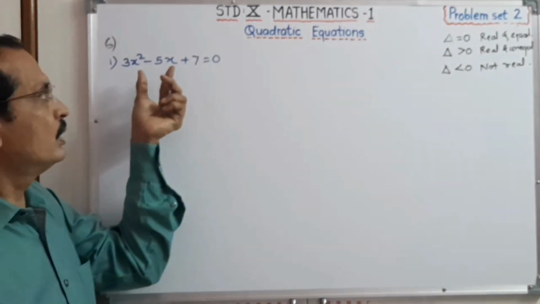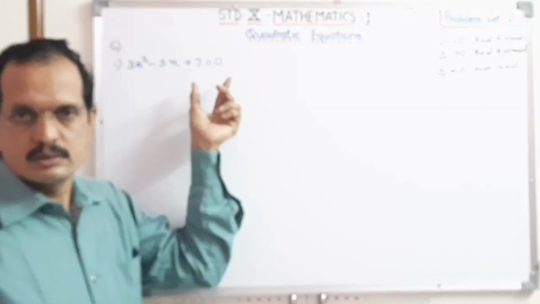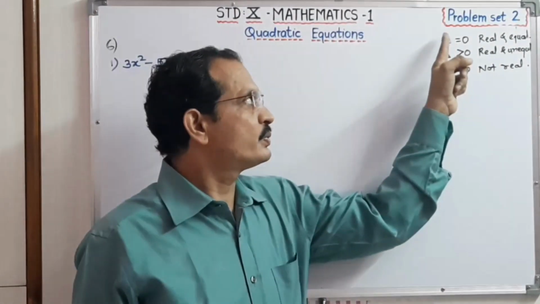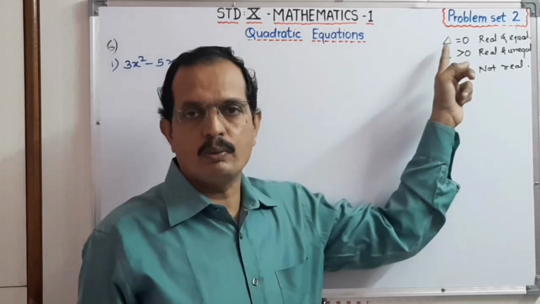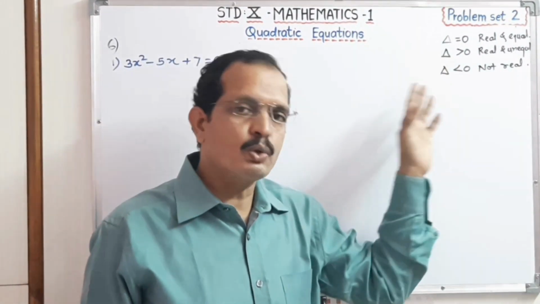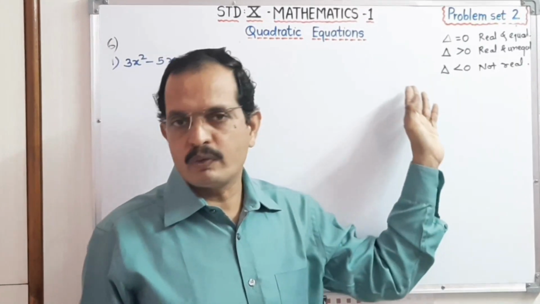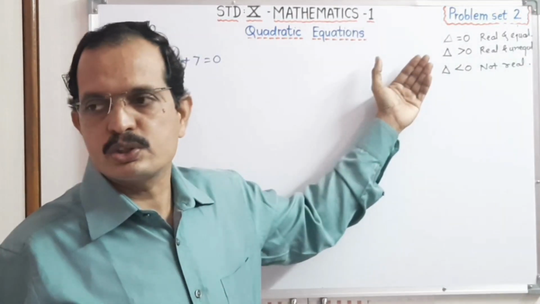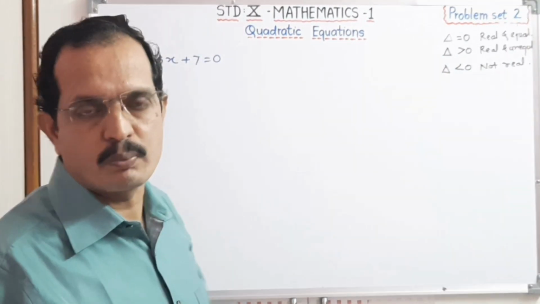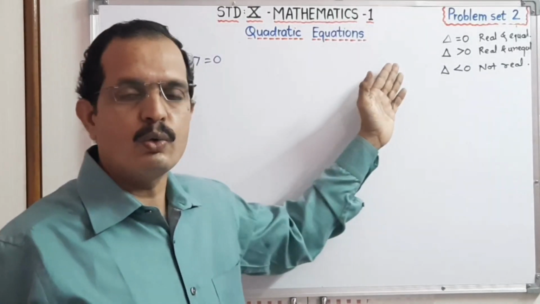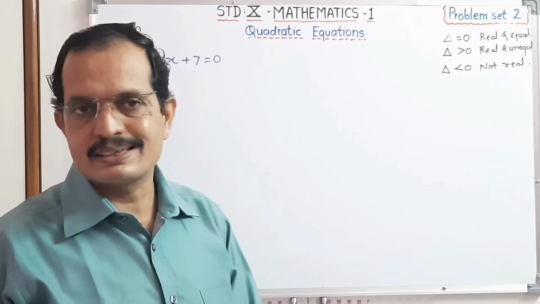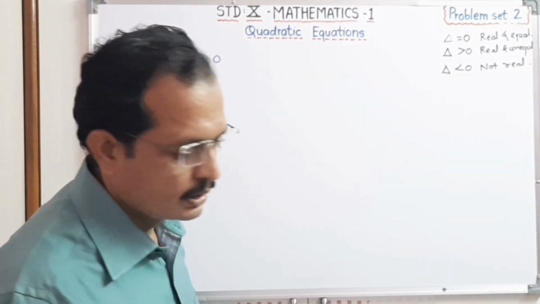To find out the nature of the roots, we have to follow this, and for that purpose, first of all, we have to find out the value of delta. That means the nature of the roots depends upon the value of delta. All of you know how to find the value of delta. For that purpose, we use b square minus 4ac.